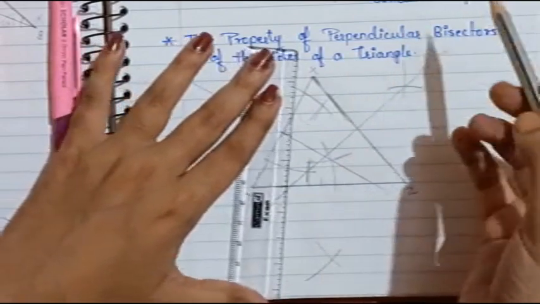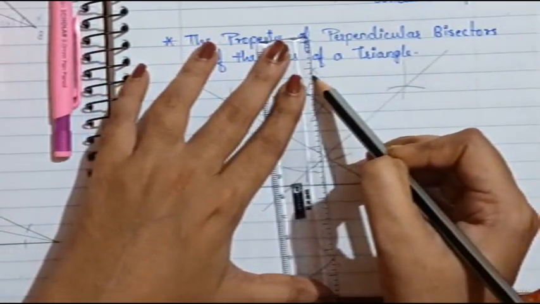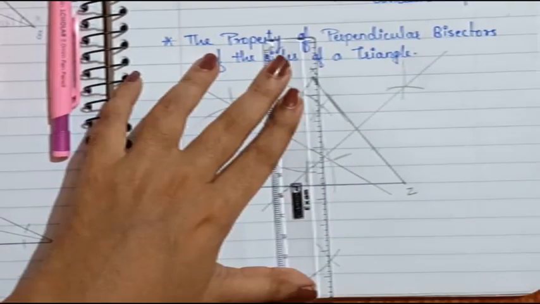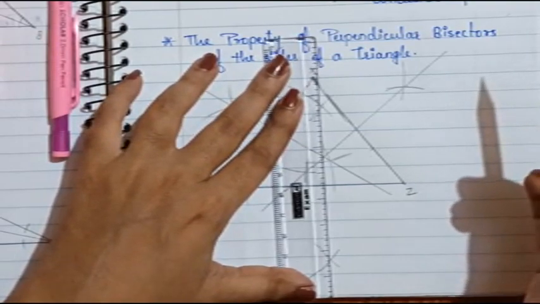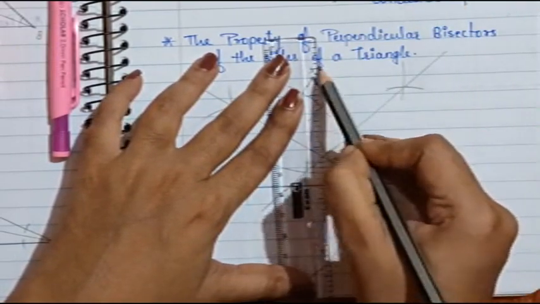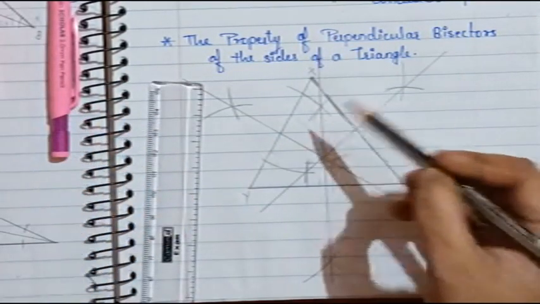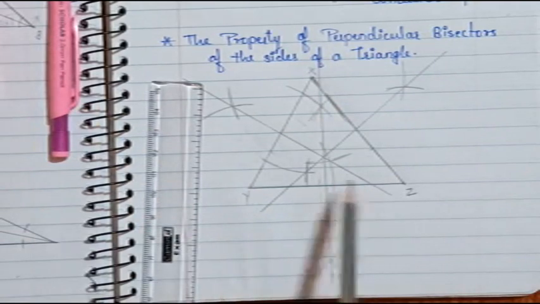Okay, now we will draw a line. So now we'll draw a perpendicular bisector. Okay, now this is the perpendicular bisector. Now students, you all have bisected this side, that is YZ.